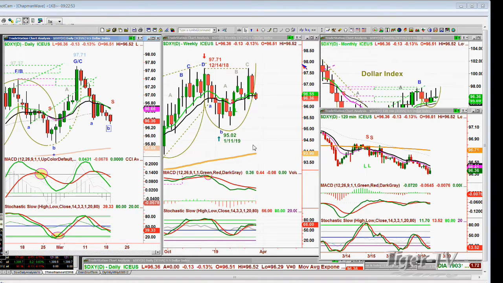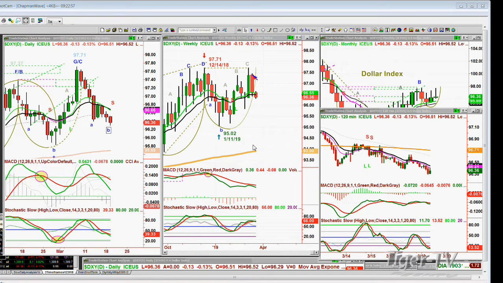I still like the dollar longer term, monthly chart, but on a short-term position, I think there's still a consolidation going on. And if you look at gold, the dollar says it better hold 95.70. This is the dollar index.